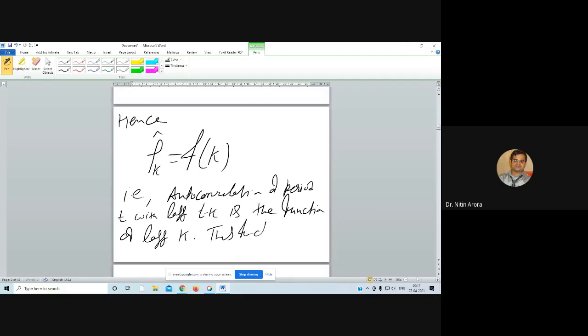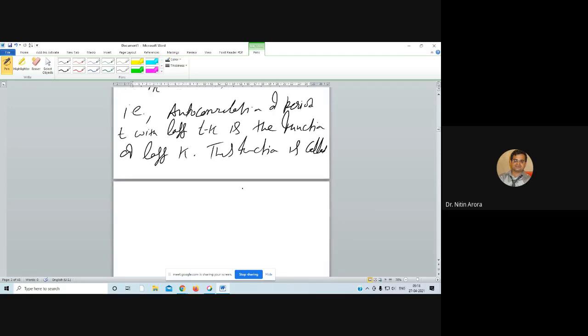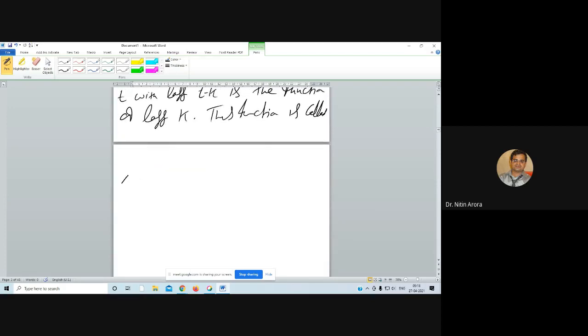This function is called the autocorrelation function, right?